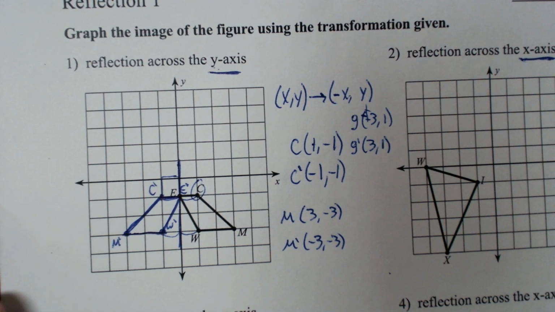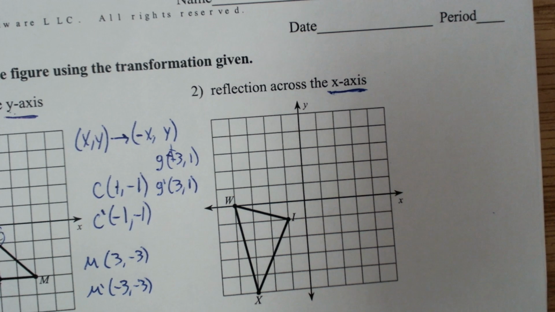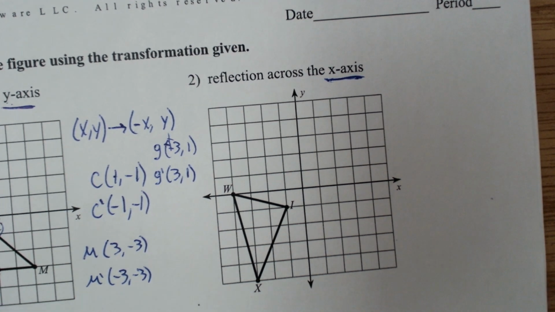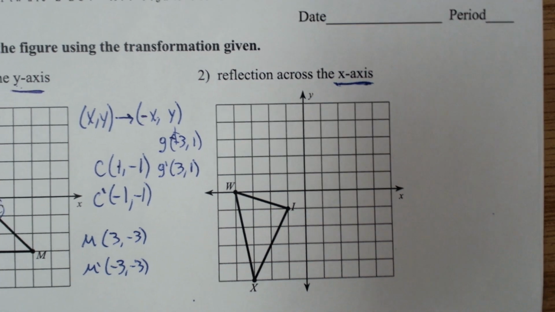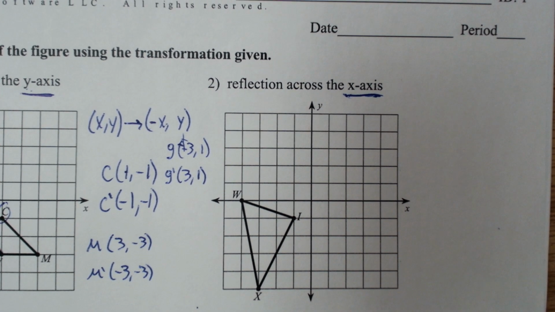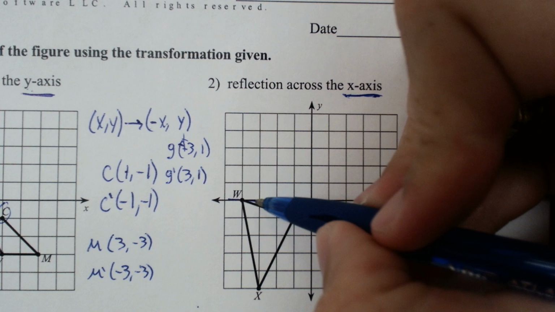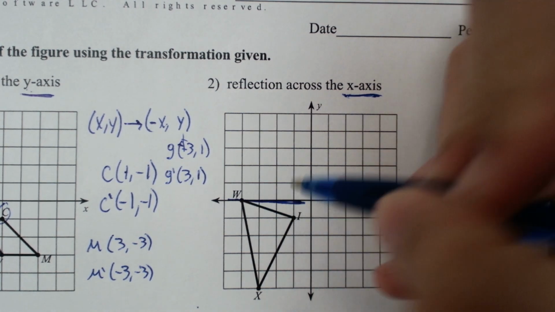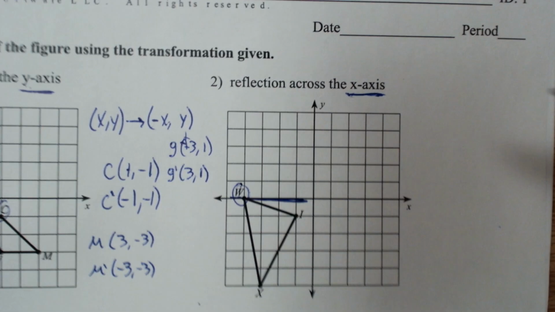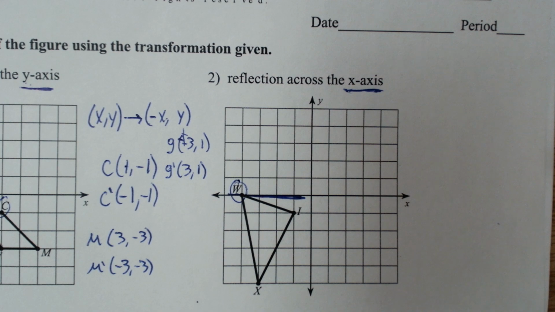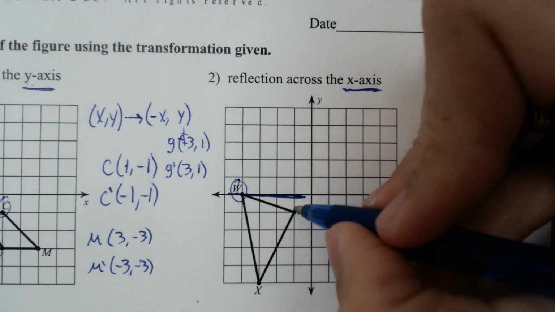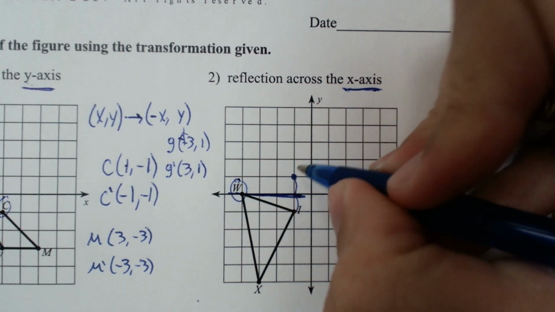Okay, number two. Number two, reflection across the x-axis. So this is our x-axis. Obviously, again, W is going to stay the same. I is right there.